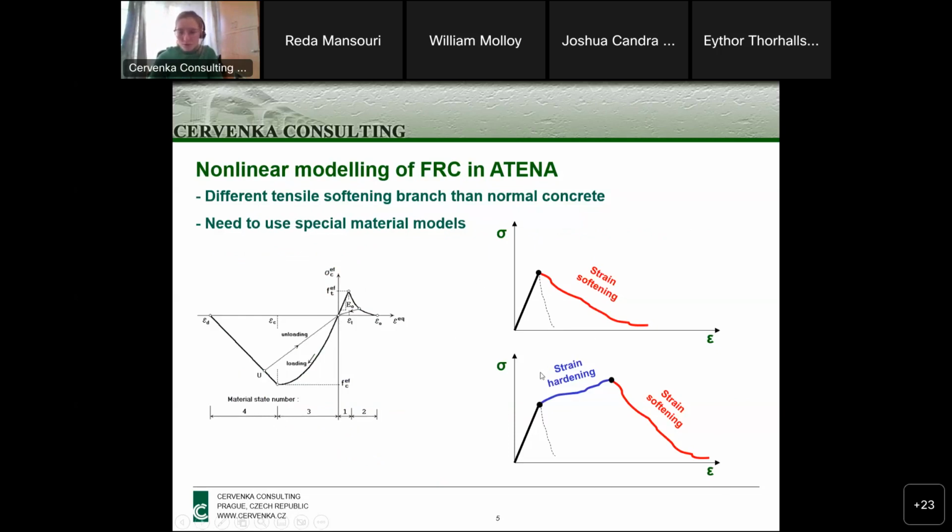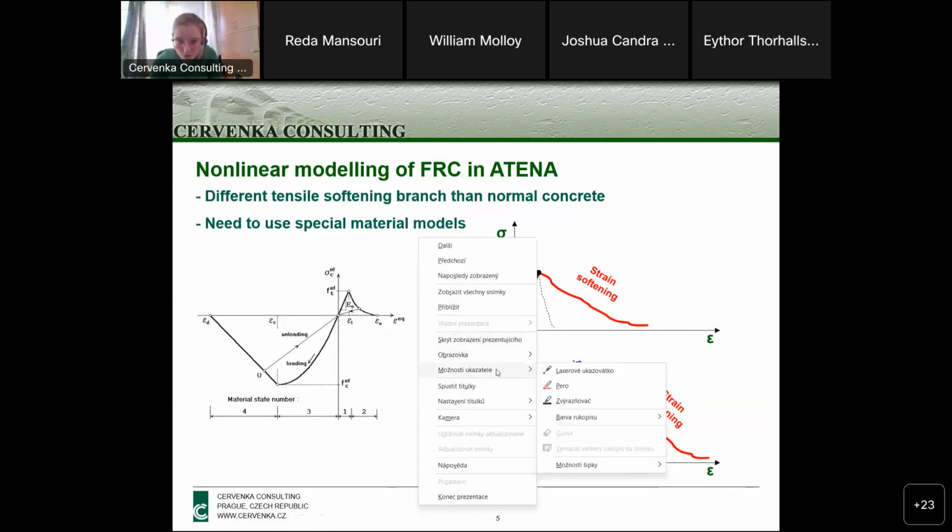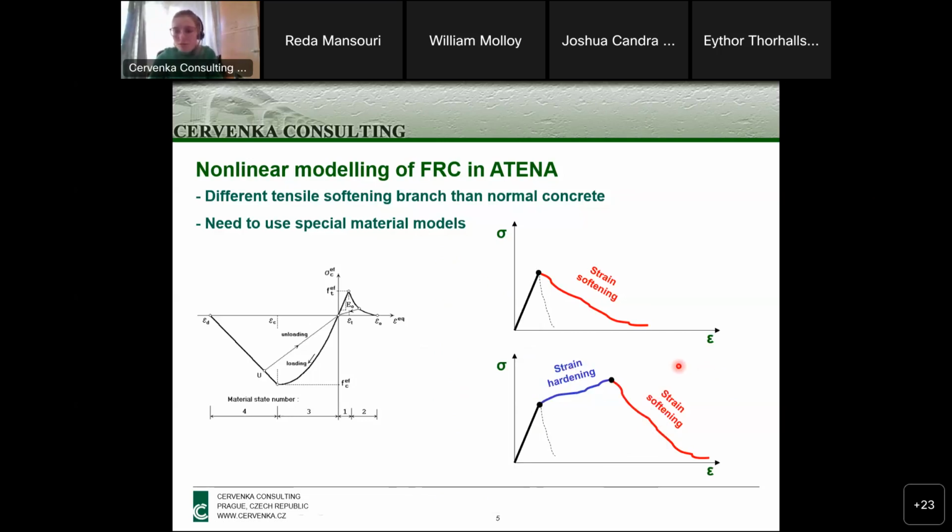In general, maybe I will switch, so you can see a little bit better where I'm showing. The stress strain diagram for fiber reinforced concrete consists of three parts. The first part is when there is no crack in the concrete yet, and it ends when the first crack starts to develop. Then there is the second part, called strain hardening.